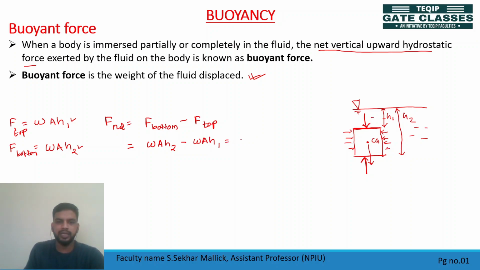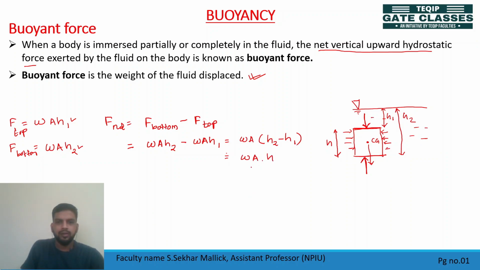So can I take this omega a common? h2 minus h1. What is h2 minus h1? Is it the height of this solid body? So can I write this is equal to omega a into h.